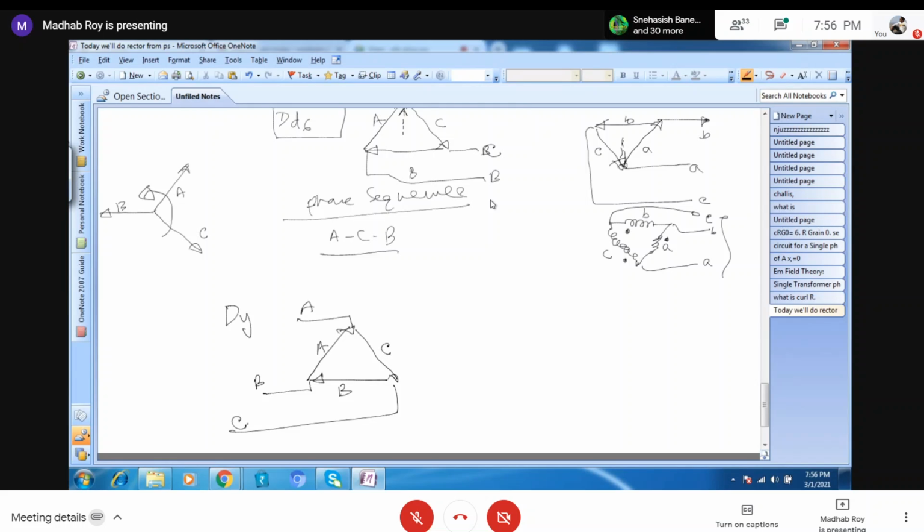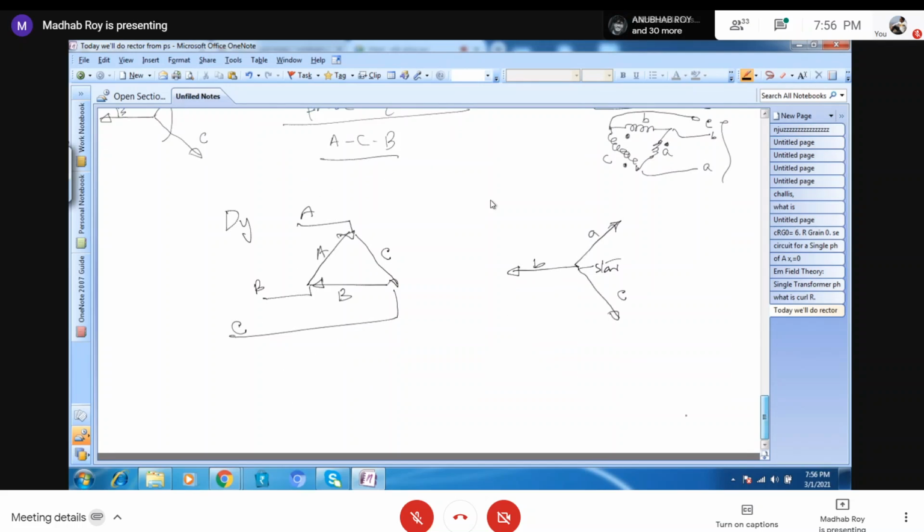You know the A, B, C connections. Now DY, how to connect these like this. So it will be A, then B, then C. So what is the name of this connection?